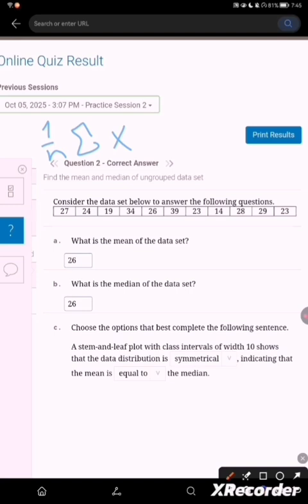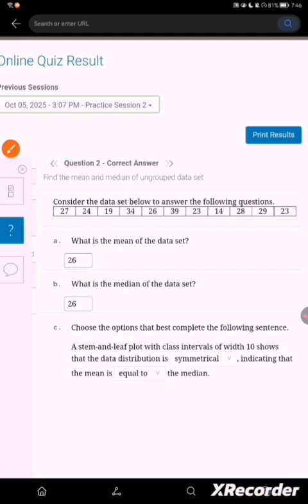So you're going to take your calculator, 27 plus 24 plus 19 plus 34 plus 26 plus 39 plus 23 plus 14 plus 28 plus 29 plus 23. Divide all that by 11. You'll get an answer of 26. And that is your mean.